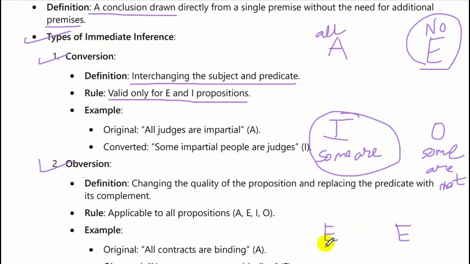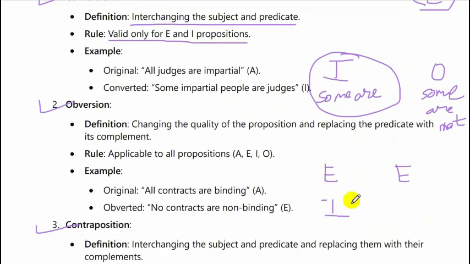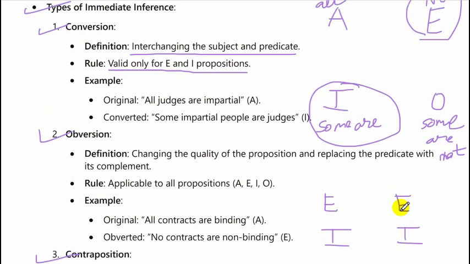And I will be converted to an I proposition. Just bear with me, stay with me, you'll understand this. It's a very easy thing. The rules have to be understood first. So now what we have to do is interchange the subject and the predicate.